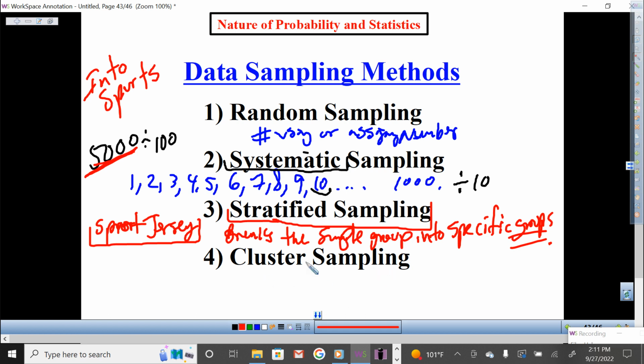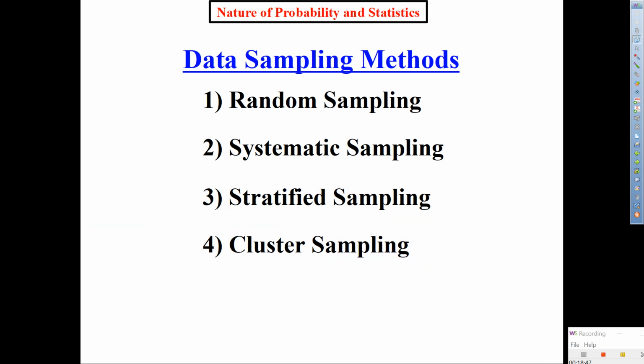Cluster sampling. Cluster sampling is when you break up into groups the entire sample that you get. Check this out. I think the easiest way of clusters is like this. That's California, and those are all the counties in California.